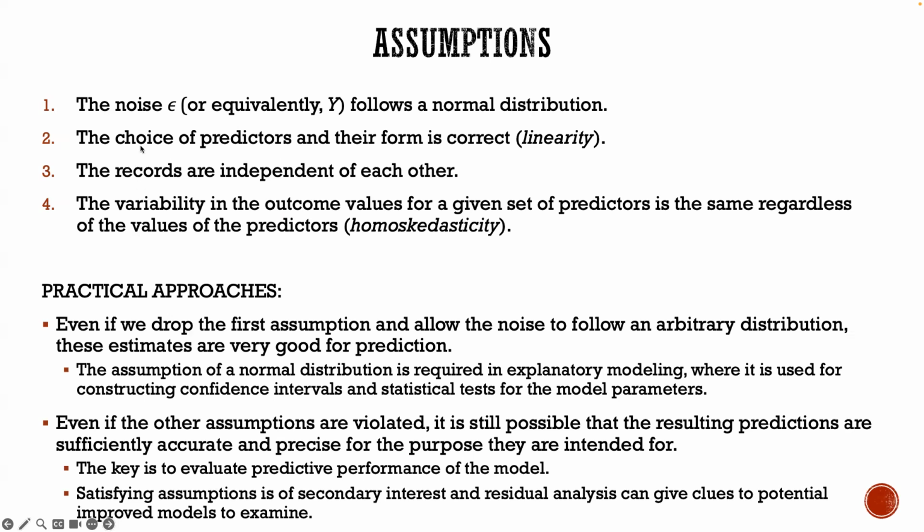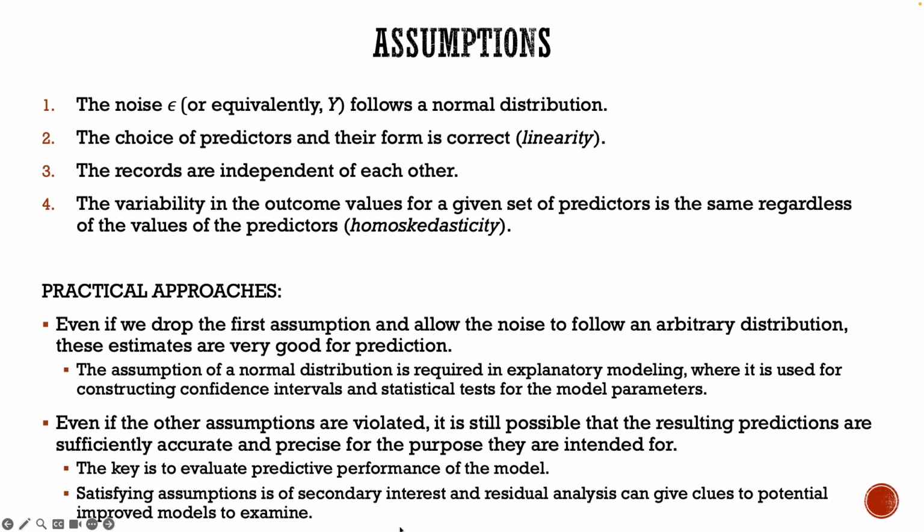And in fact, for some of the other assumptions, even if they are violated, it is still possible that the multiple linear regression model we got will result in sufficiently accurate predictions. And so we are still okay with the accuracy we are getting with the model we created, even when some of the other assumptions are not valid. This is true for predictive modeling.